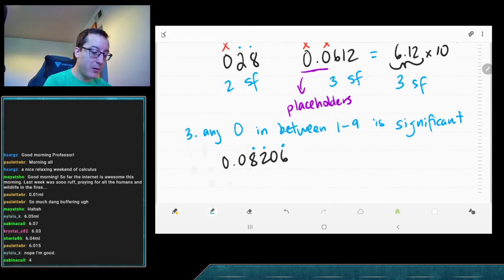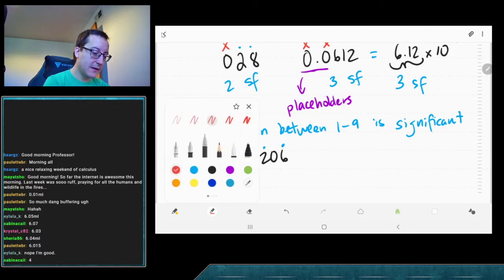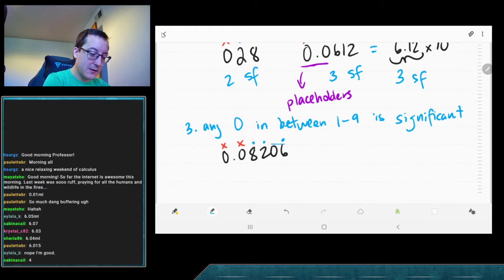We remember from our second rule that these two, anything at the start that's a 0, will never be significant. Those are placeholders. But what do we do about this 0 here? The one in between 2 and 6. We're going to see that that will be important. So this number will have 4 sig figs.